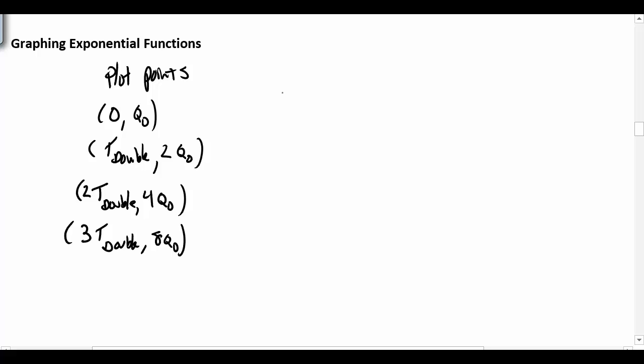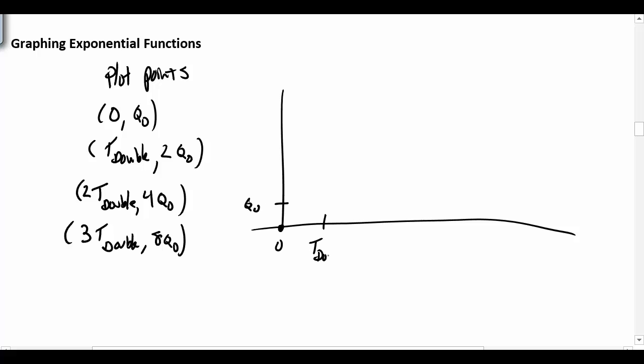Okay, so in a graph, what that would look like, here's my 0, here's my initial amount. Somewhere I'm going to have the double time listed, and 2 times the initial, so I'll have a point here and I'll have a point here. And I'll have 2 times the double time.